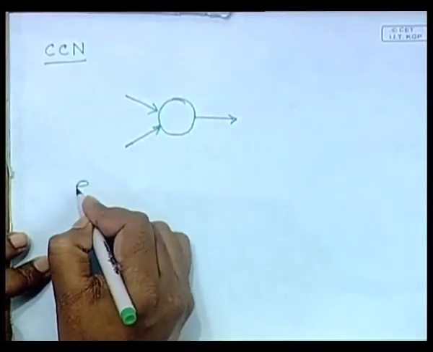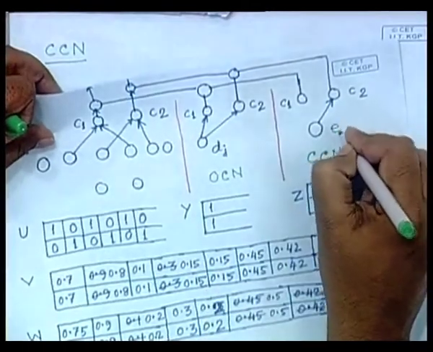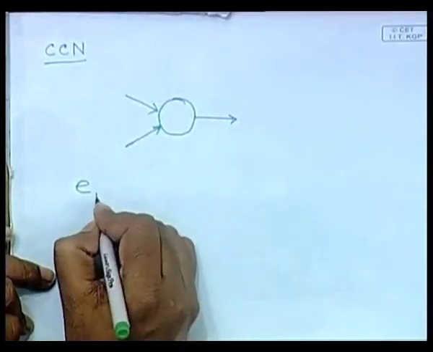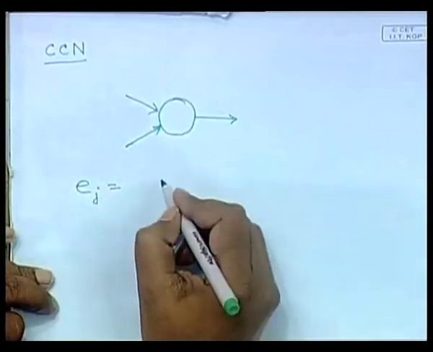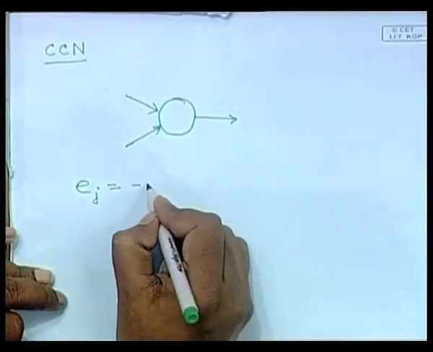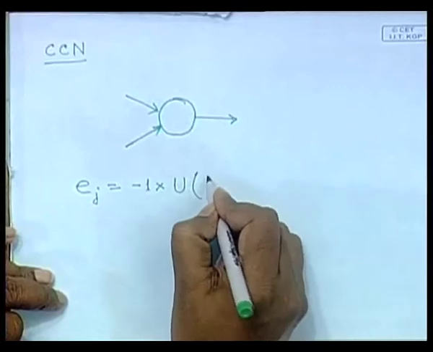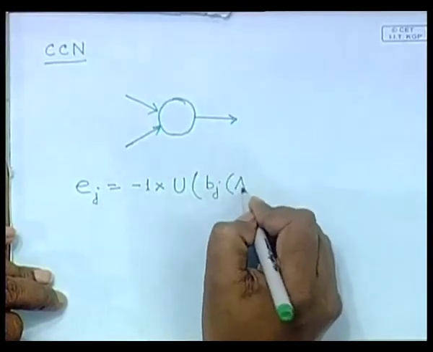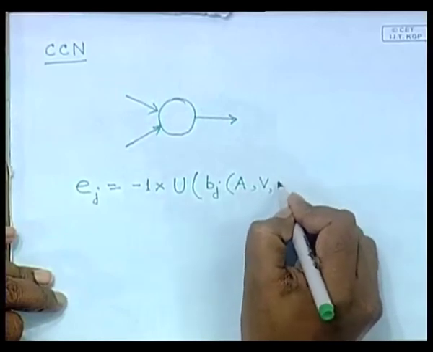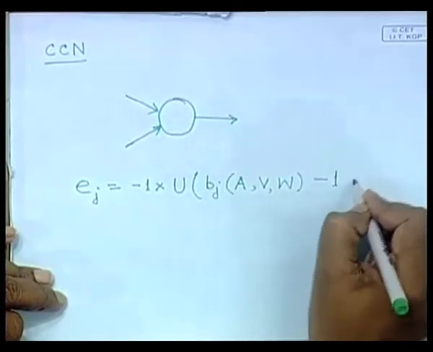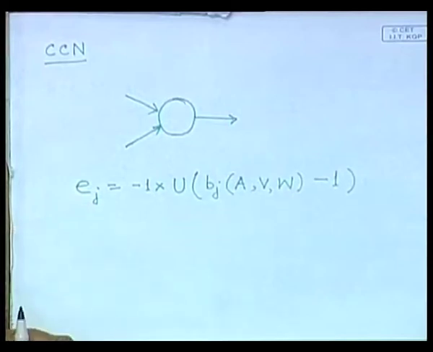Okay. And if I call this neuron E j, the output of E j I can put like this: minus 1 into U of B j(A, V, W) minus 1. So, this function is simpler than the functions to be computed by overlap compensation neurons.